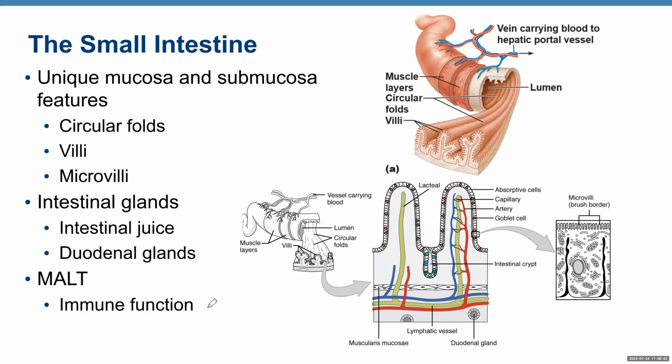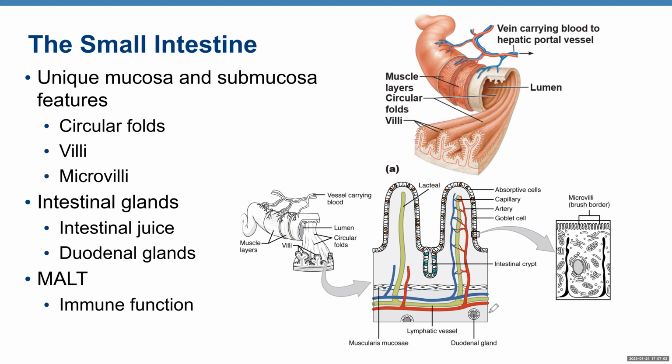Now, MALT is mucosa-associated lymphatic tissue that has immune function. So if you look over here, we have mucosa, then we have submucosa, then we have muscularis, right?